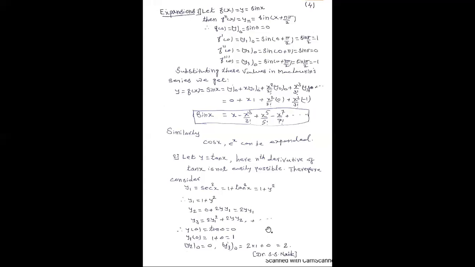So therefore, by making use of the Maclaurin series, y is equal to tan x is equal to the first term x plus x cube upon 3 factorial into 2, is equal to x plus x cube upon 3. Now here, this is a 3 factorial. You can write 3 into 2 into 1. So this 2 and this 2 will get cancelled.